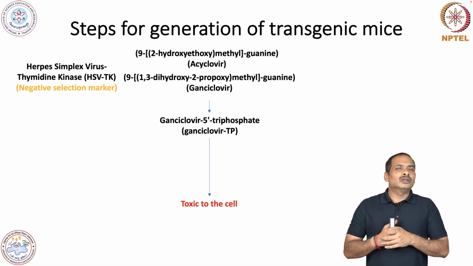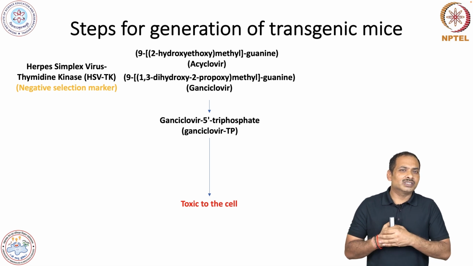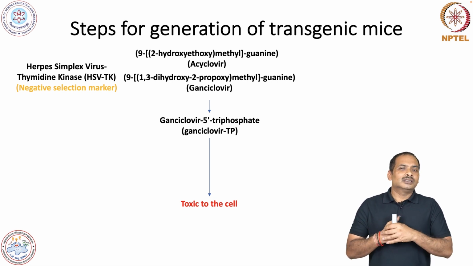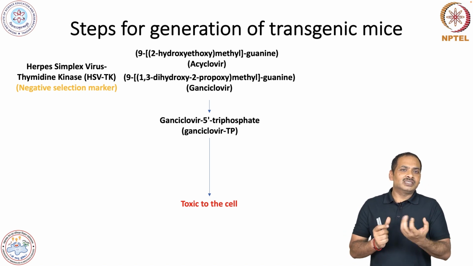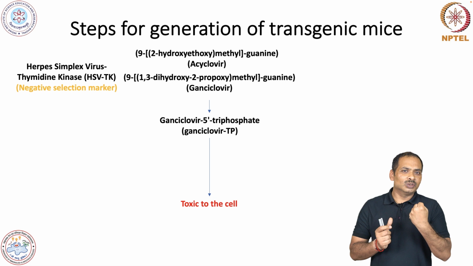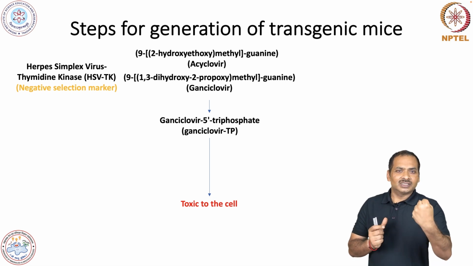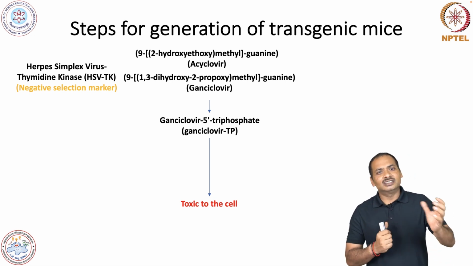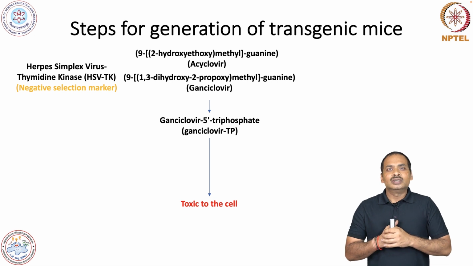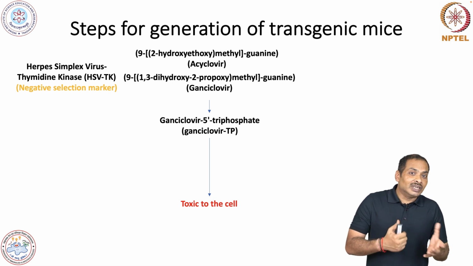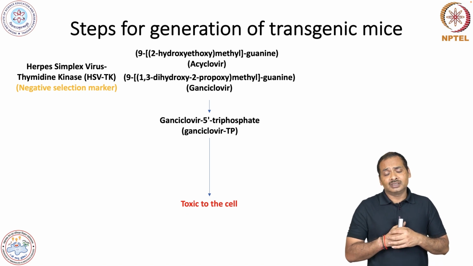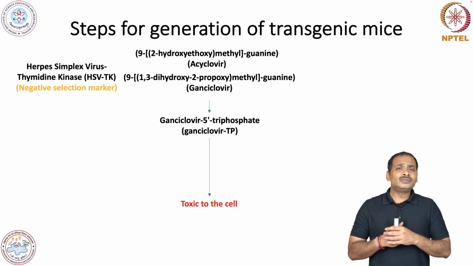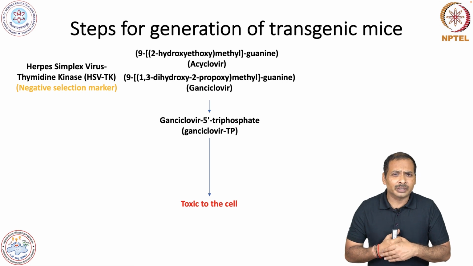There are some agents, for example lipofectamine, and some molecules which make a vesicle, and in that vesicle this DNA molecule is incorporated, and these vesicles fuse with the cell and then deliver the DNA molecule. So, we can use that method, or we can use another method which we call the electrochemical method.